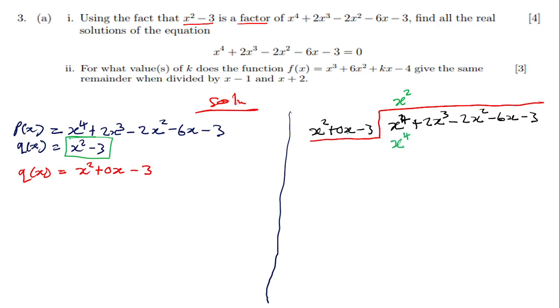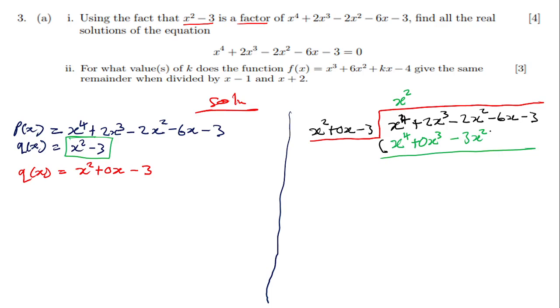And then x squared times 0x. This will give you 0x cubed. Then x squared times negative 3x, it's going to give you negative 3x squared. So when you have that, you're going to simply subtract.